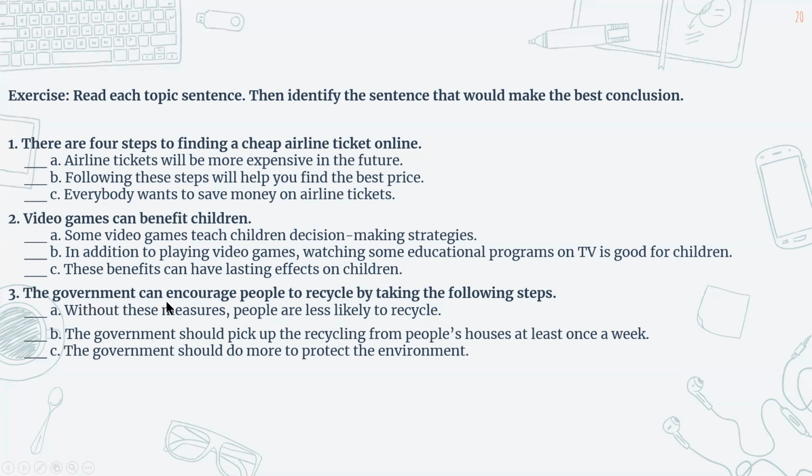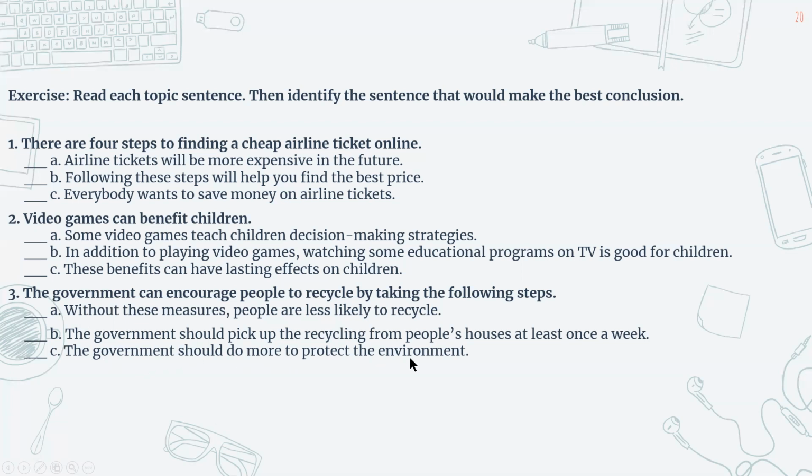Number 3, the government can encourage people to recycle by taking the following steps. Okay, so let's find the concluding sentence to this topic sentence. Without these measures, people are less likely to recycle. The government should pick up the recycling from people's house. No. The government should do more to protect the environment.